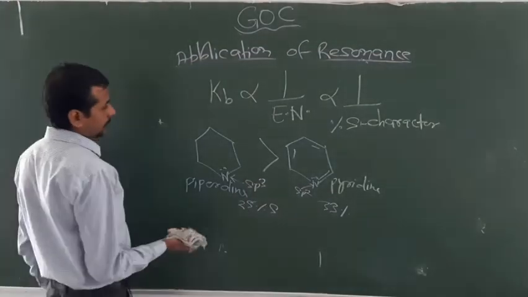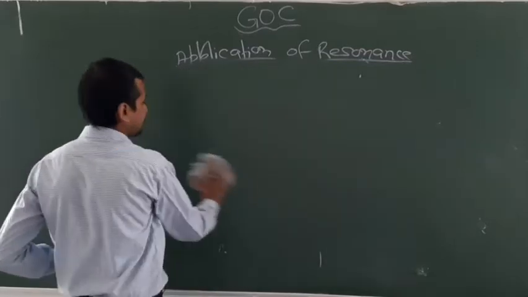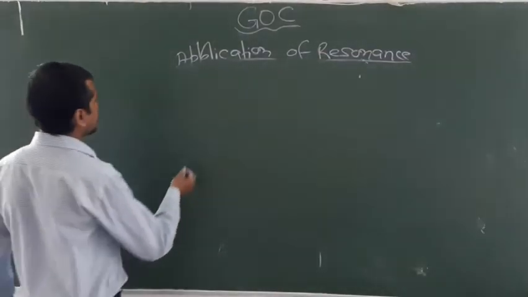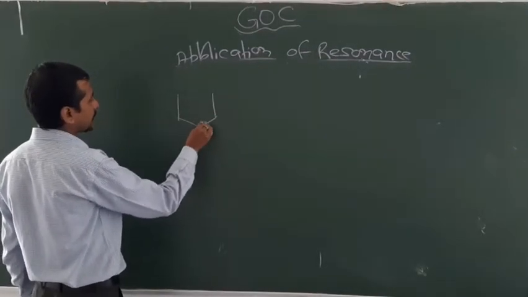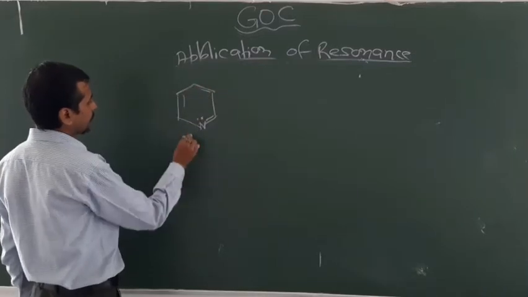Now, dear students, next some more examples you have to note down in terms of localization and delocalization of lone pair. Look at the condition again: pyridine, this is pyridine.